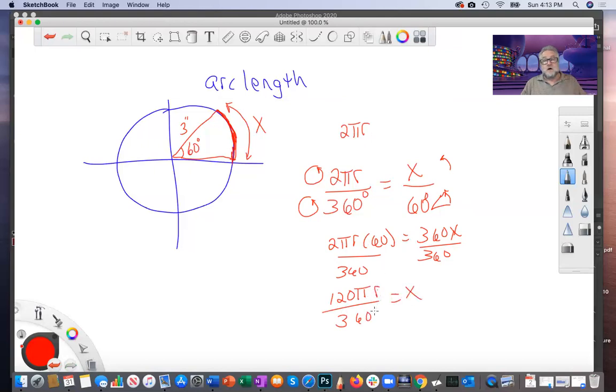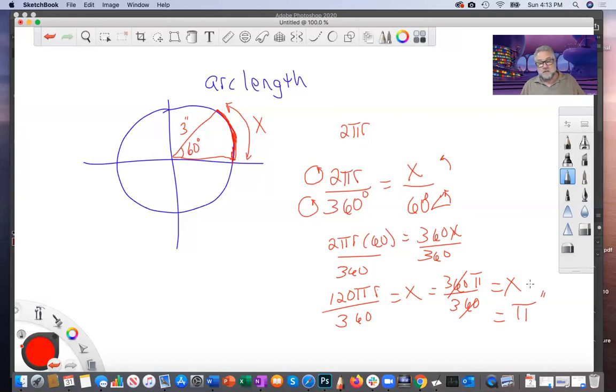And r is 3, right? Yep. So 3 times 120 will be 360 pi over 360 equals x. So what's my arc length? My arc length is pi inches.